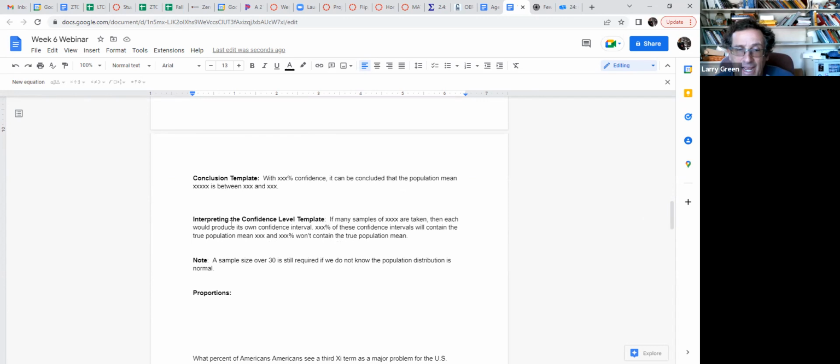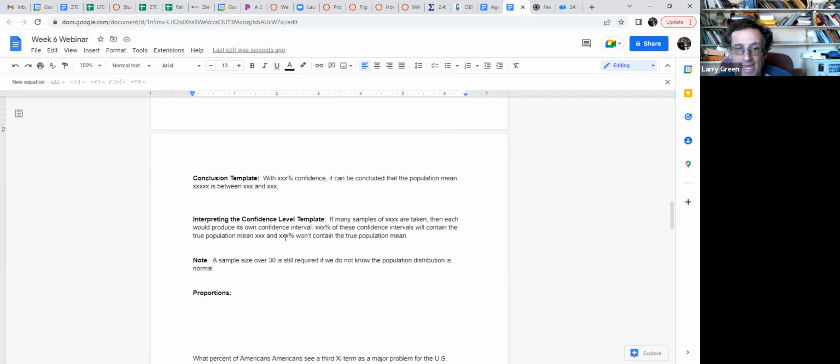And a template that I have for interpreting the confidence level is: if many samples of whatever your sample size are taken, then each would produce its own confidence interval. Whatever percent, so we had 95%, whatever percent of these confidence intervals will contain the true population mean.